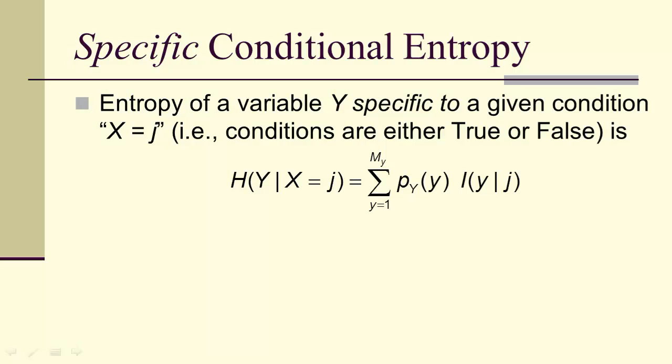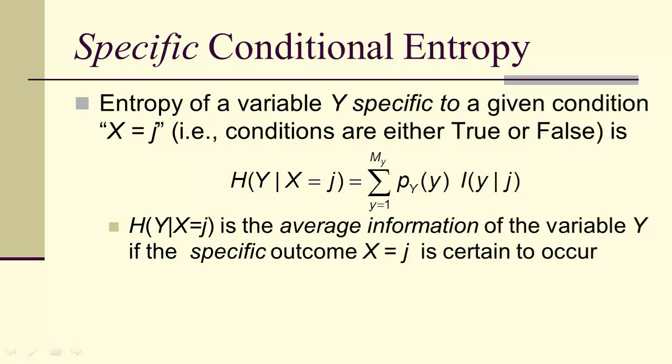So specific conditional entropy is the entropy of a variable y that occurs when a given condition x equals j is implied. And it's simply defined in terms, once again, of the bar, where x is known to be the value j.